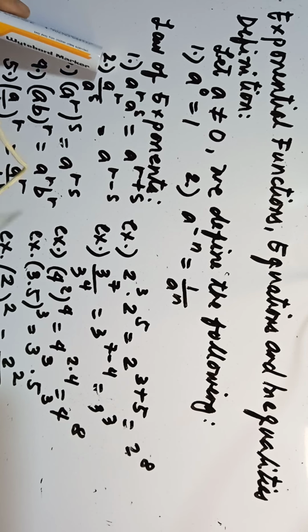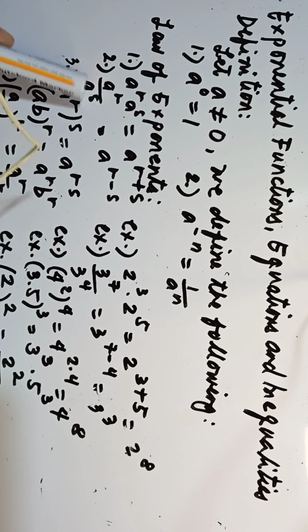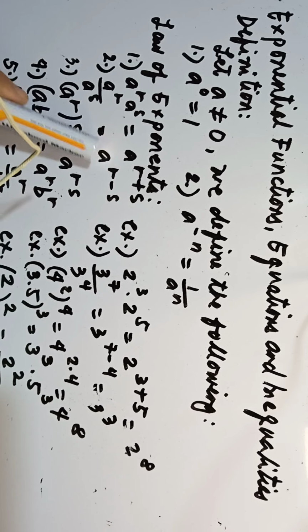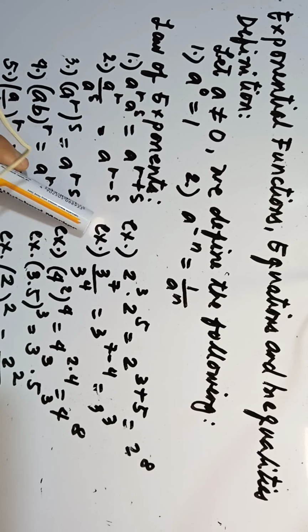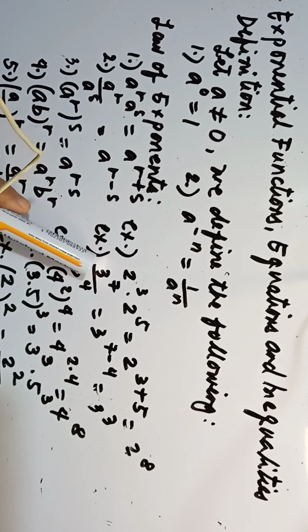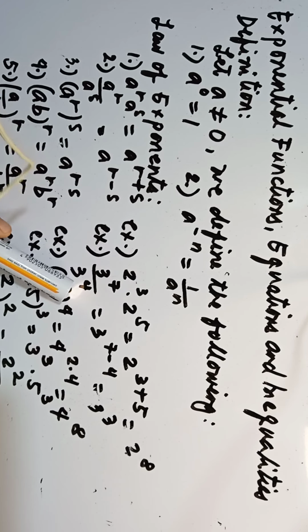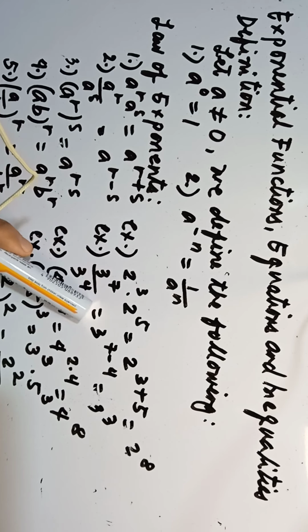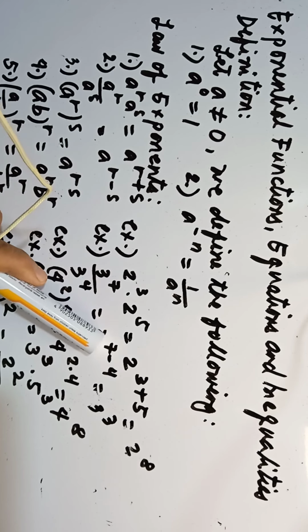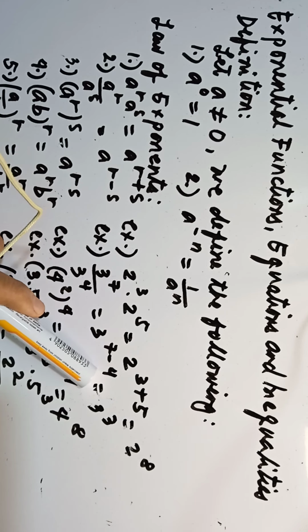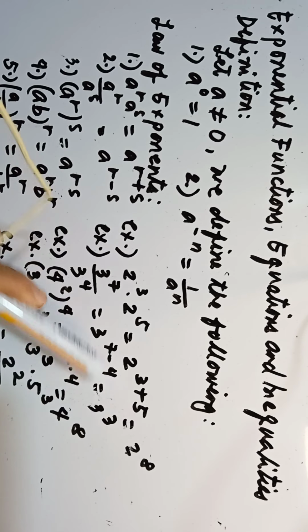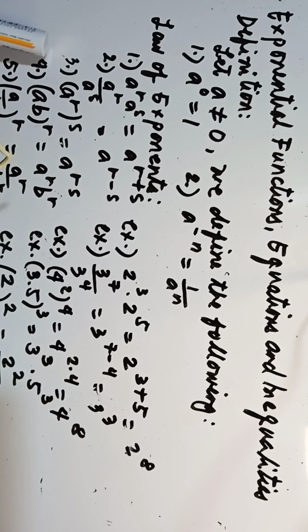Second, a raised to r divided by a raised to s equals a raised to r minus s. Example, 3 raised to 7 divided by 3 raised to 4 equals 3 raised to 7 minus 4 equals 3 raised to 3, because 7 minus 4 equals 3.